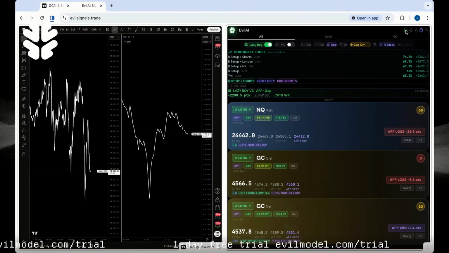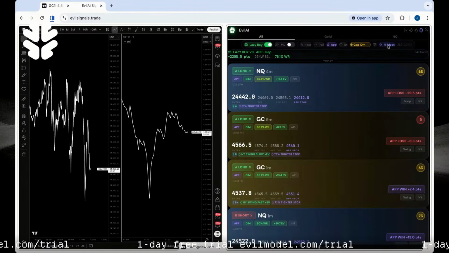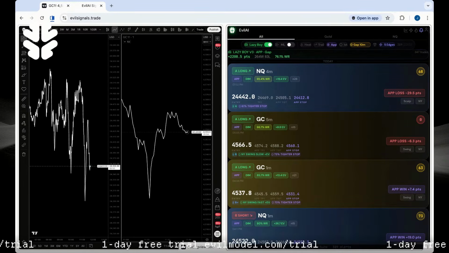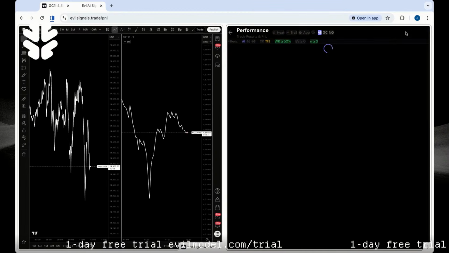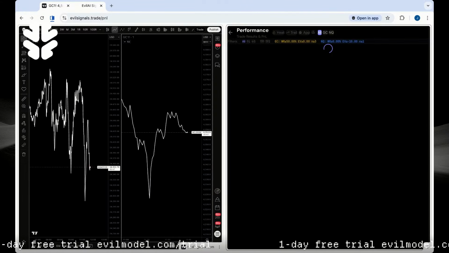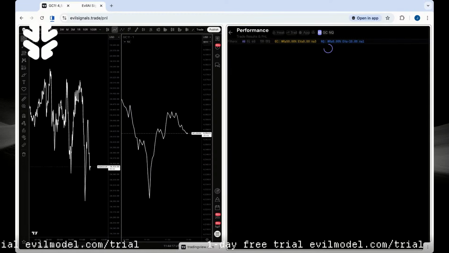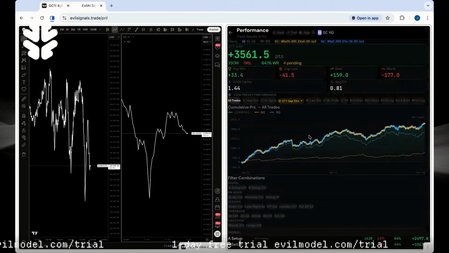In the performance section, if I just turn that off, it has a graph with the settings that you set up.